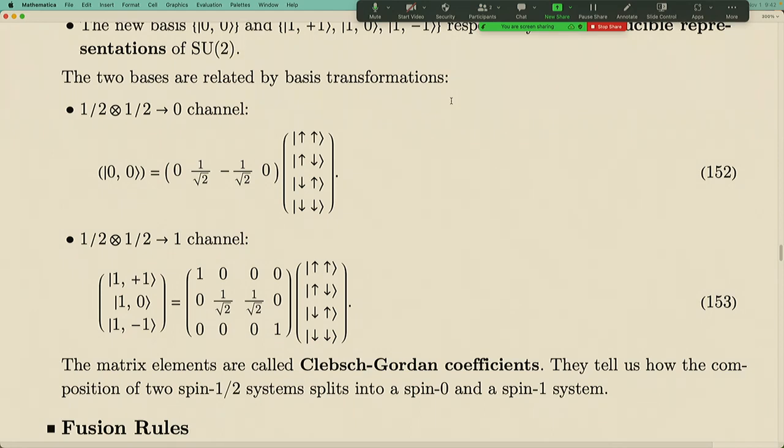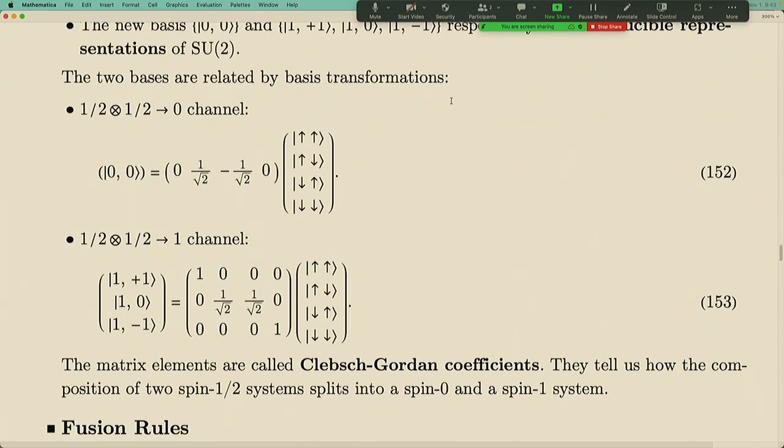Not 1/2, sorry, 1 over square root 2. So it becomes a spin singlet, a combination of up, down, and down, up. And that's a spin singlet state. The same applies to these results, okay? So instead of writing those formulas in lines, in the future, we will just use these matrices to represent the so-called 1/2, 1/2 to 0 channel.